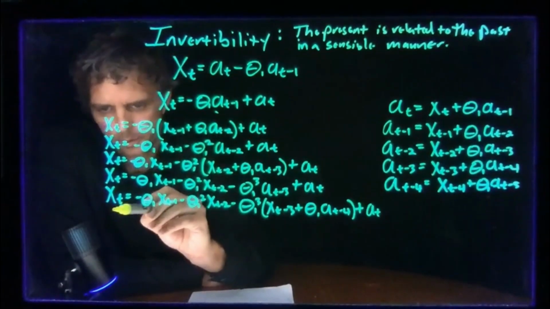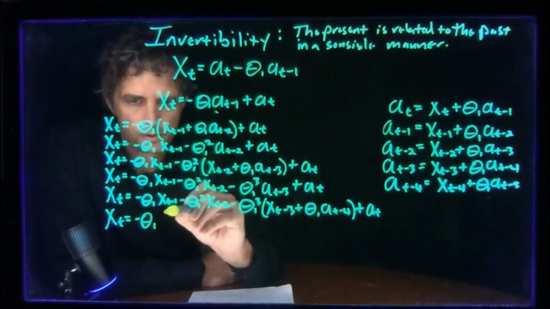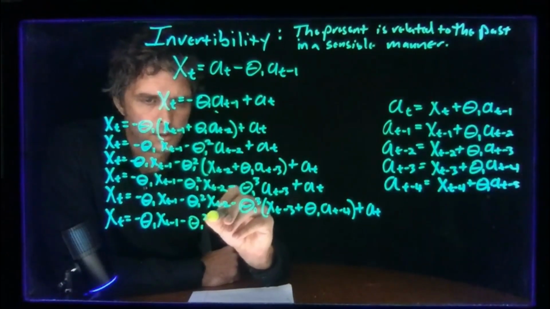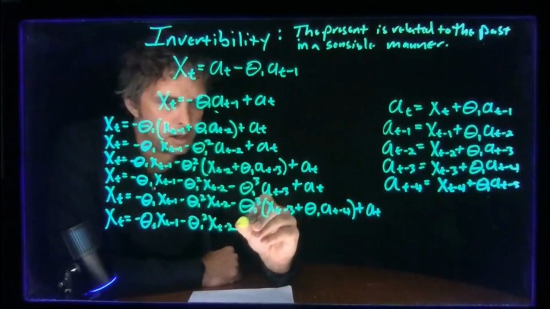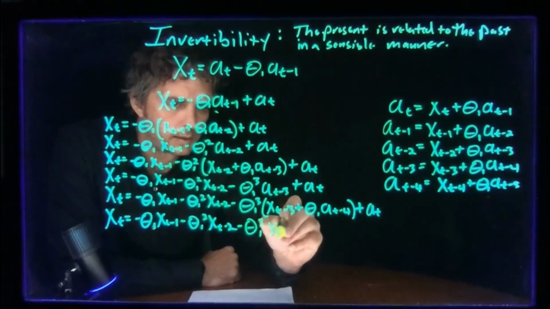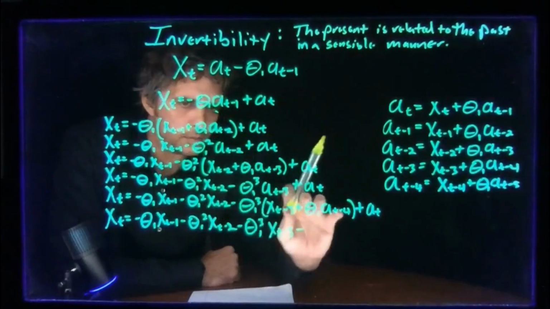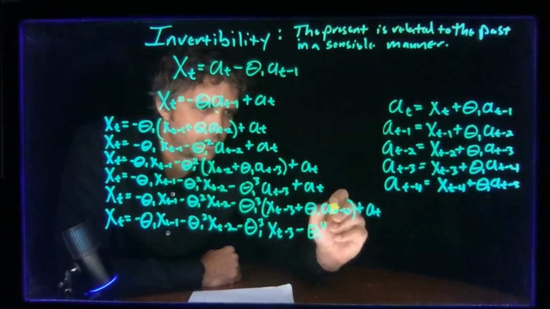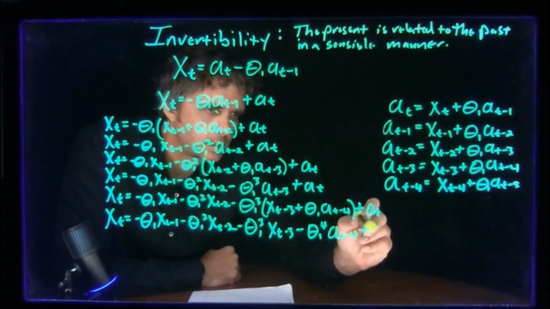Great. So we will expand that. XT equals negative theta 1 XT minus 1 minus theta 1 squared XT minus 2 minus theta 1 cubed XT minus 3, minus, distribute the negative, theta 1 cubed, that'll be theta 1 to the 4th AT minus 4 plus AT.